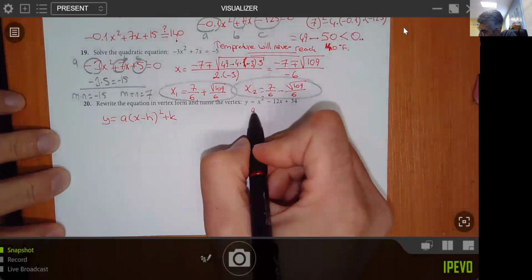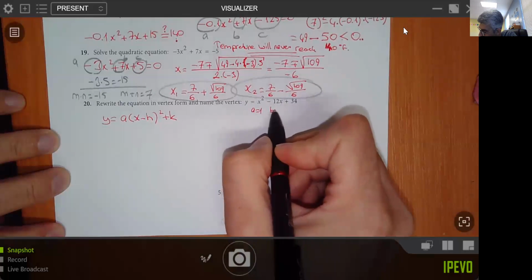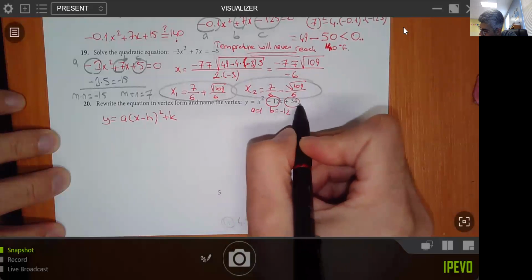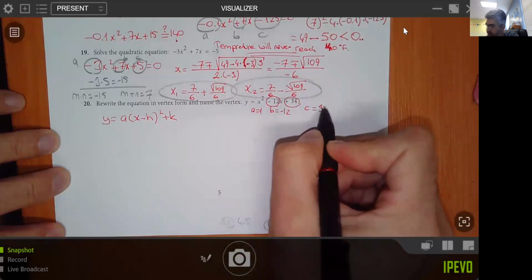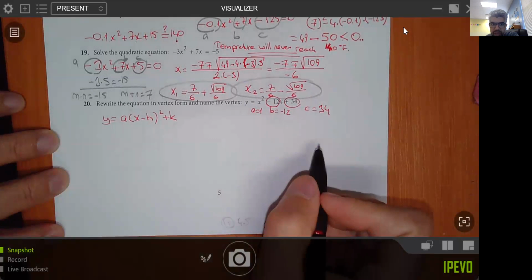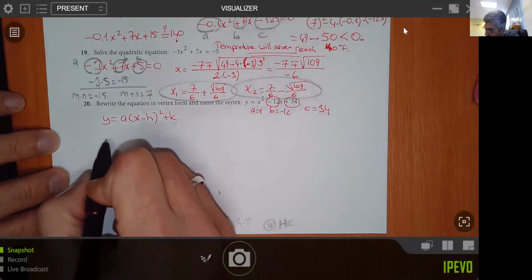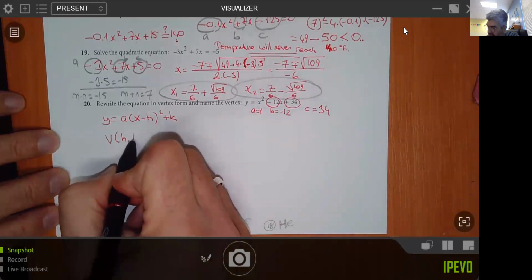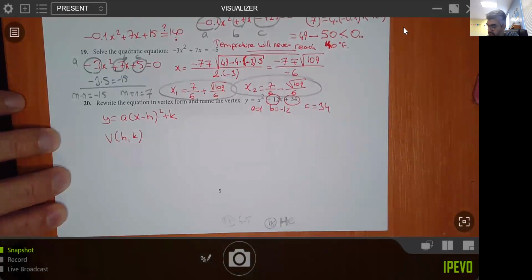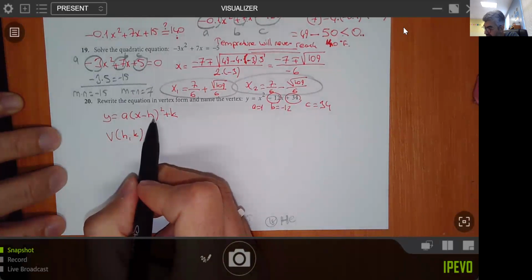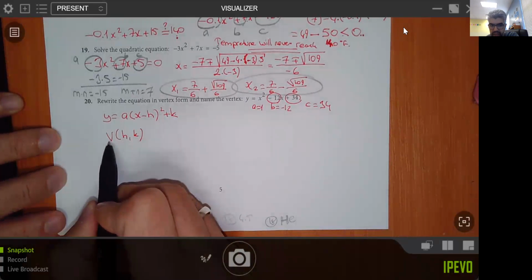A is 1, b is negative 12, and c is 34. Why did I write them? Because I need them to find the vertex h, k. Yes, guys? That h, k are the x and y coordinates of the vertex.